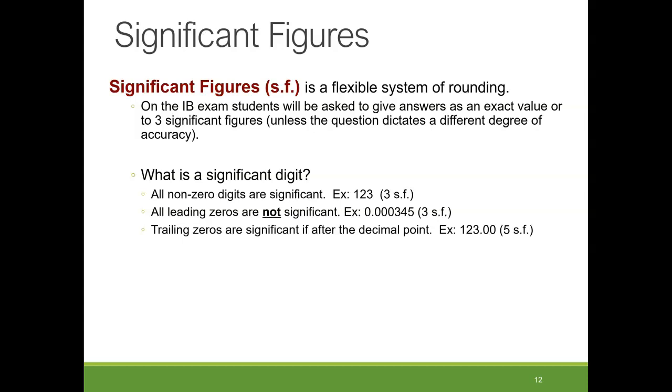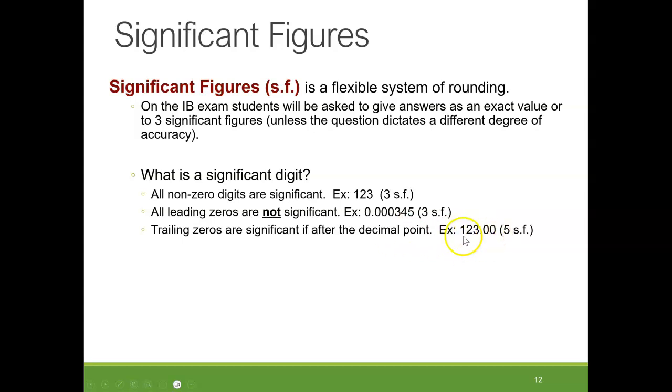Does this help contextualize why we're doing this, why there's a difference? Now mathematically, 123.00 and 123 are the same number, right? There's no difference in the number. It's what that number is communicating in terms of how I got that number, like the tool I used. That's the difference.